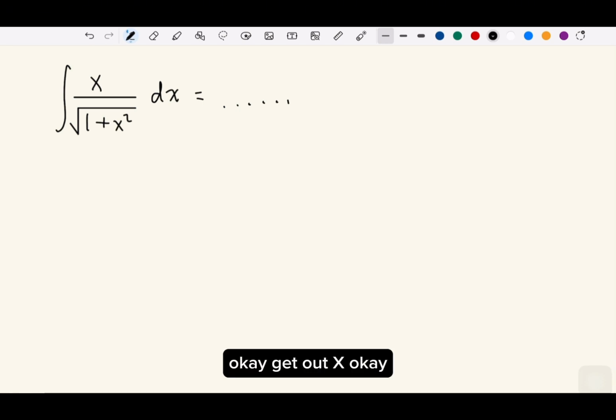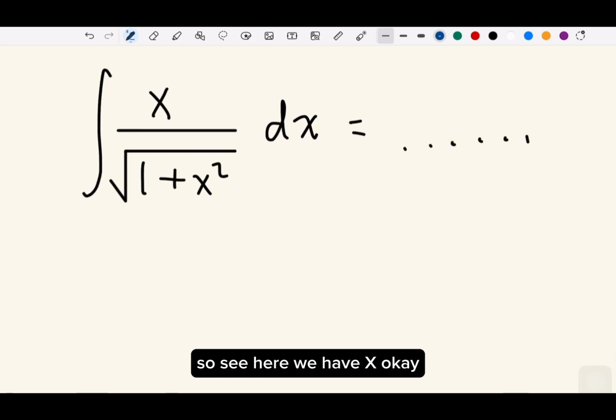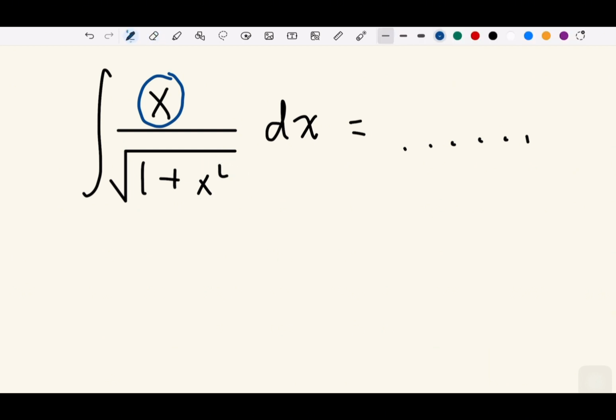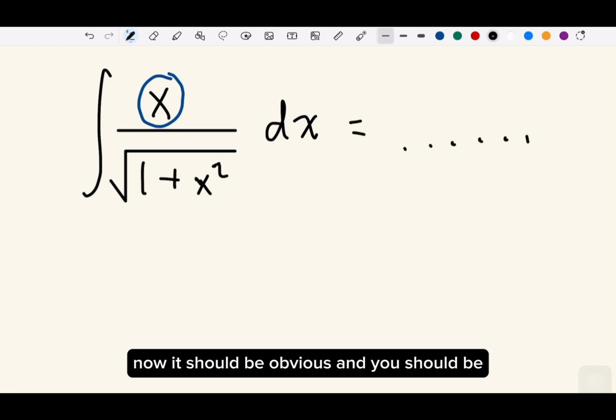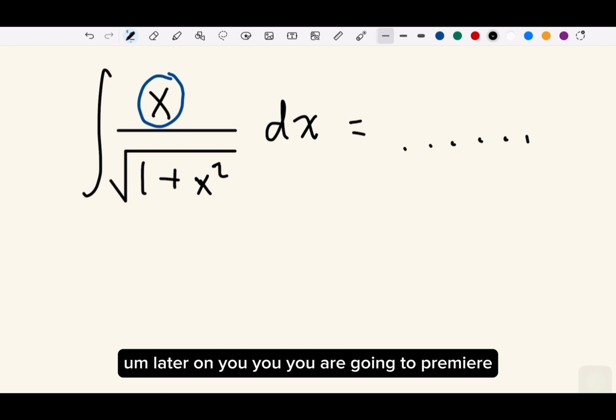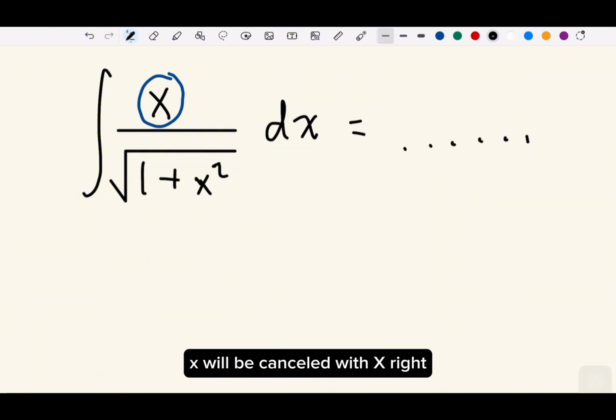We have x, and we have 1 plus x squared. You are going to get familiar with this pattern: when we have x and 1 plus x squared, deriving 1 plus x squared gives 2x. And you need to think ahead: 2x will be cancelled with x, right?